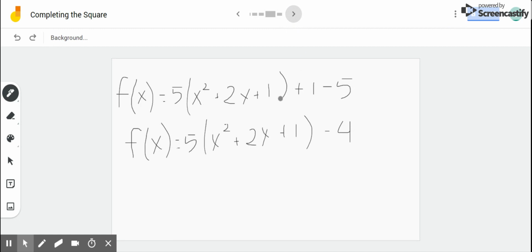We put the first part that we found here, and then we put a times the quantity of b over 2a squared over here. Then we put a negative sign, or a subtraction sign. So now we have 5 times the quantity x squared plus 2x plus 1, and then plus 1 minus 5.